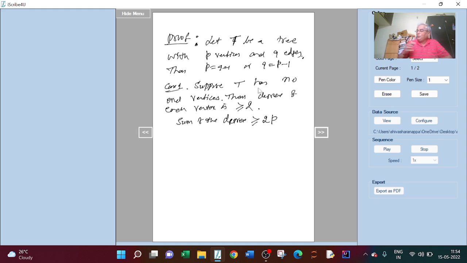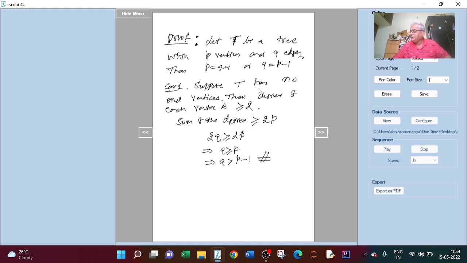Now, what is the sum of the degrees? It is nothing but twice the number of edges. So 2Q is greater than or equal to 2P. This implies Q is greater than or equal to P. So this implies Q is greater than P minus 1.